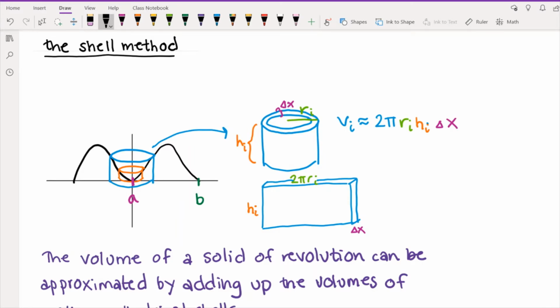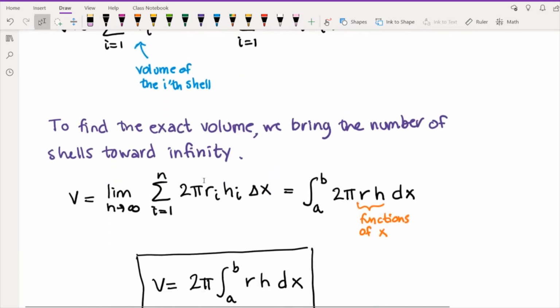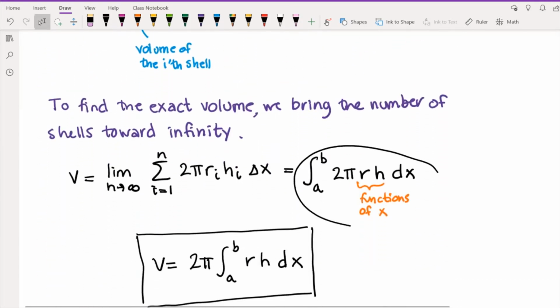So we have the cylinder picture, and then this is what it would look like if it was unwound. But either way, you can see that the volume is going to be approximately equal to 2 pi r, which would give you the circumference, times the height times the thickness. When you add up infinitely many of these, that ends up giving you an integral that looks like this.